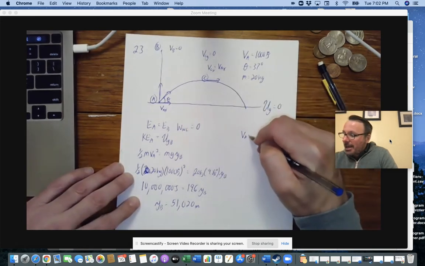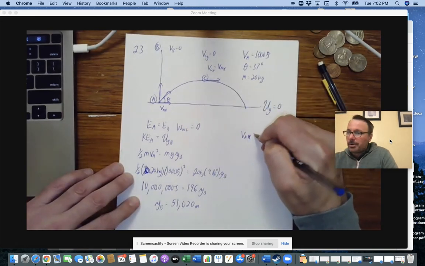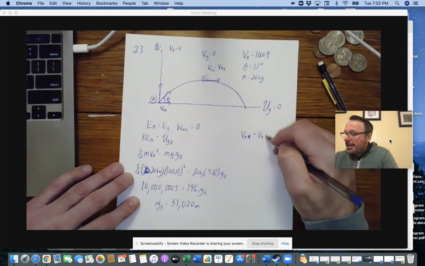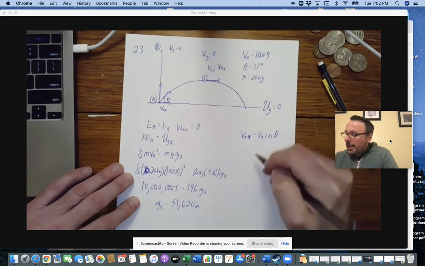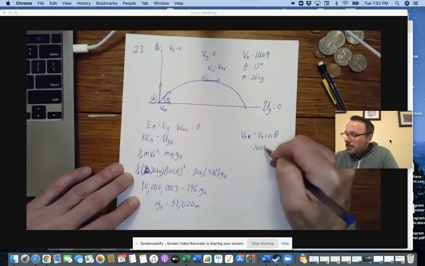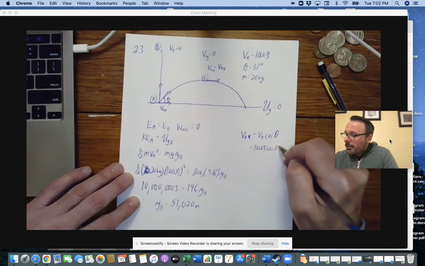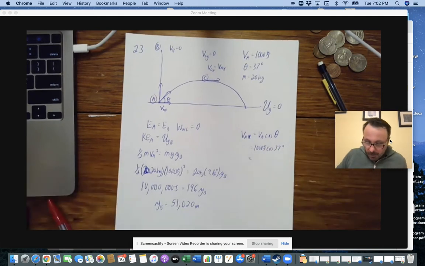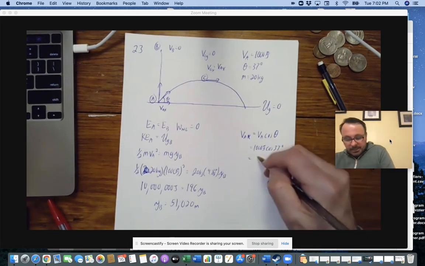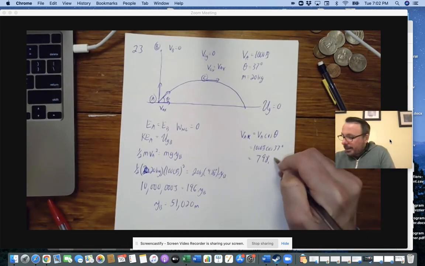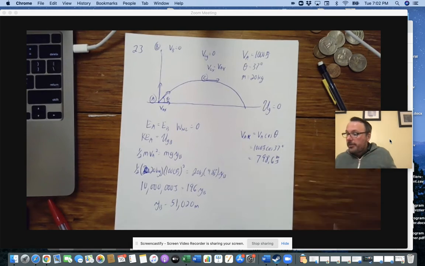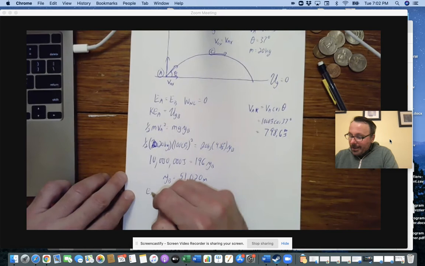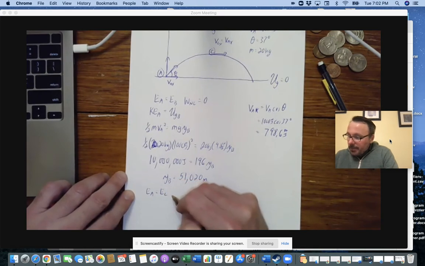So VAX, very kind of appropriate for this day and age, is VA cosine of the launch angle. So 1,000 meters per second, cosine of 37 degrees. Plug that into our calculator, and that is going to be 798.6 meters per second.